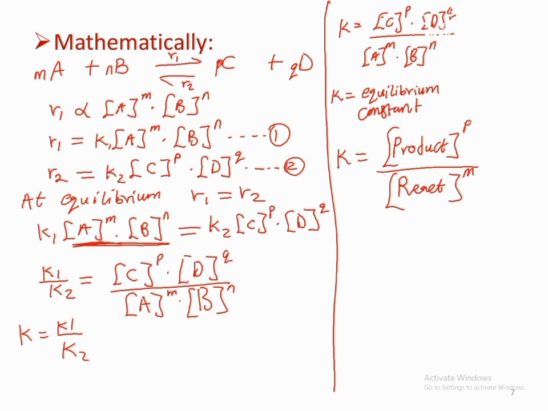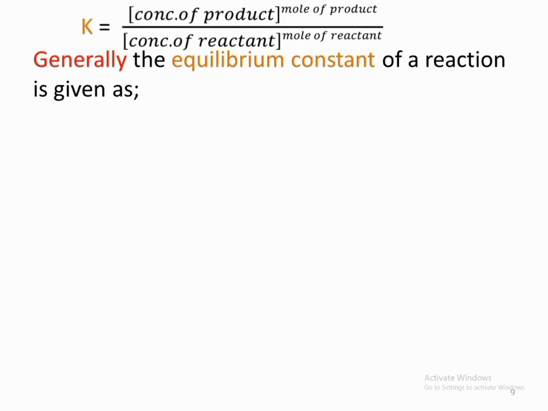So that's just it: moles of product divided by moles of reactant. That is all it is. All right, now let's progress.